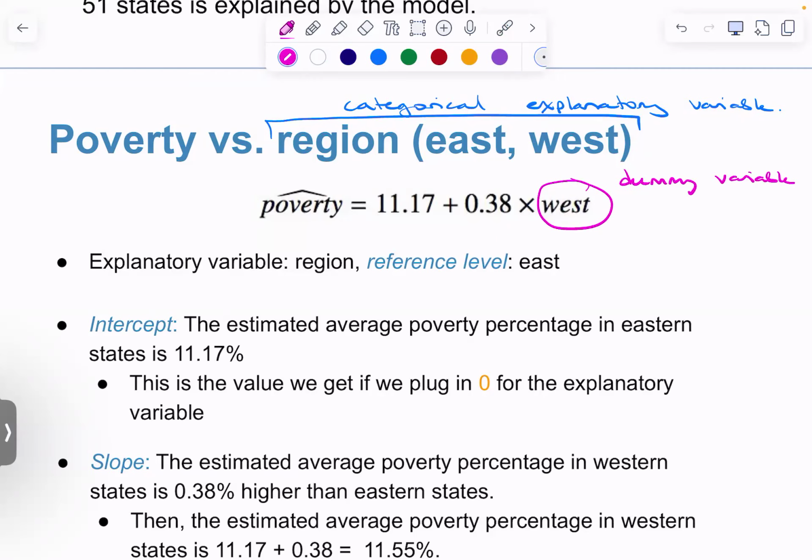And how dummy variables work is it'll be a 1 if it is the west, so it's kind of on, or 0 if it's not the west, which would make it east. So this is kind of on, off in my mind.